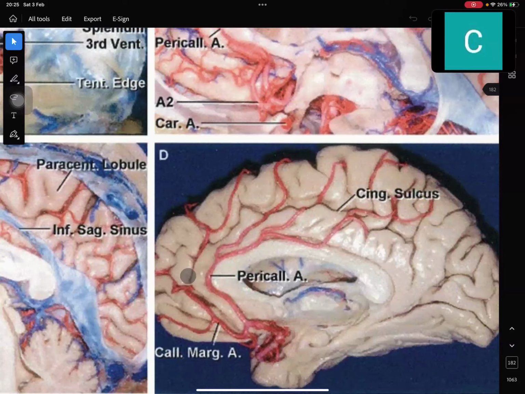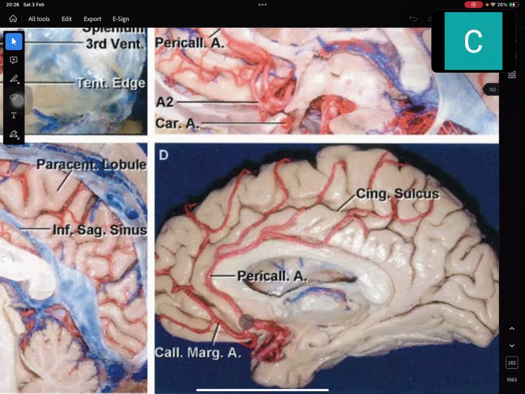The callosomarginal artery will lie just above the cingulate gyrus, which is here, while the pericallosal artery, which usually represents the A3 to A5 segments, will lie just above the corpus callosum.